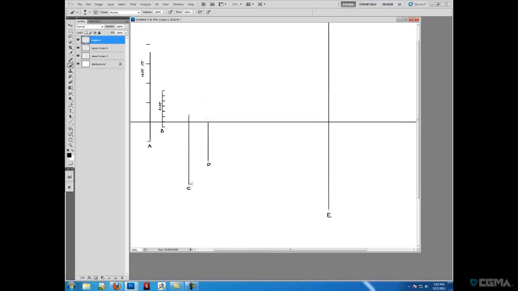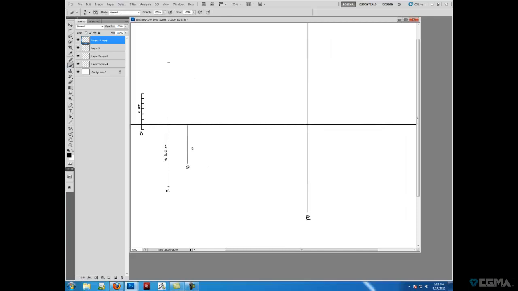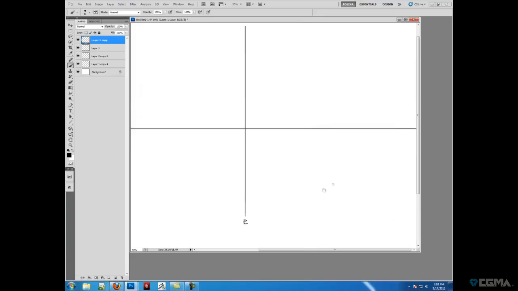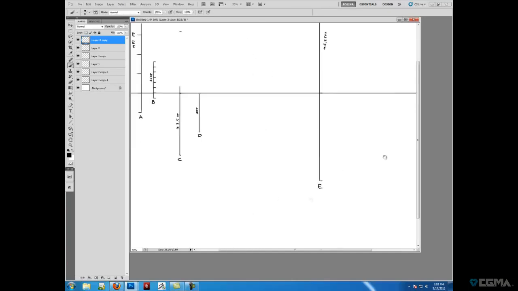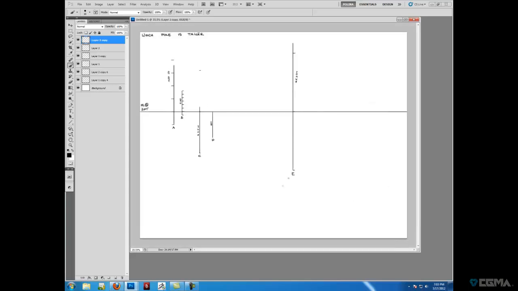It's not very fun, but it's a good skill to practice and learn because as we progress as artists, we get a lot faster. Now D, I don't have to measure because it just stops at the horizon line, so it's at 3 feet. And E is so far in the foreground that 6 feet just looks... So in this case, B is the tallest pole.